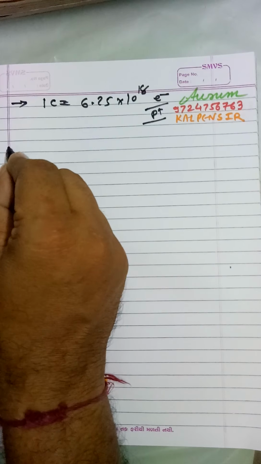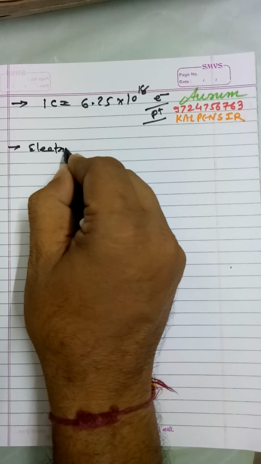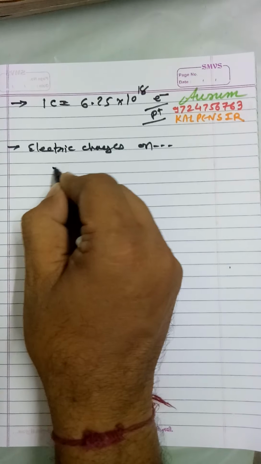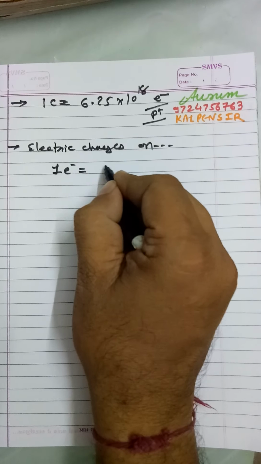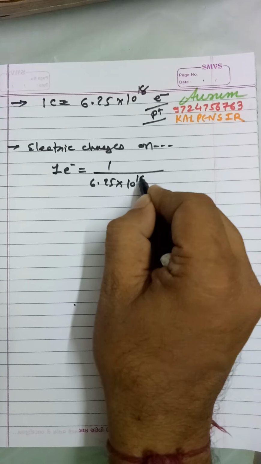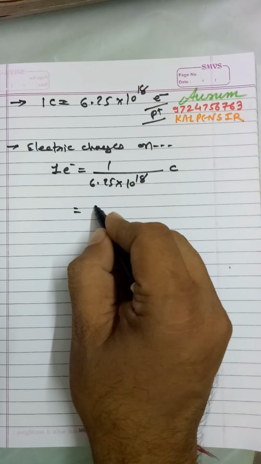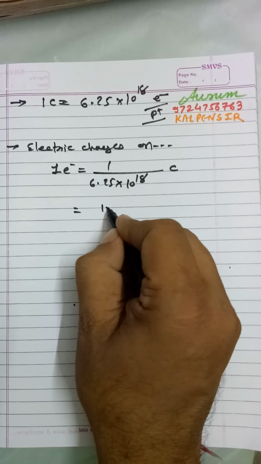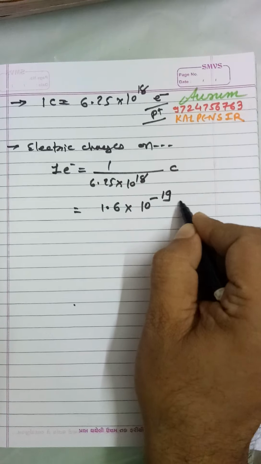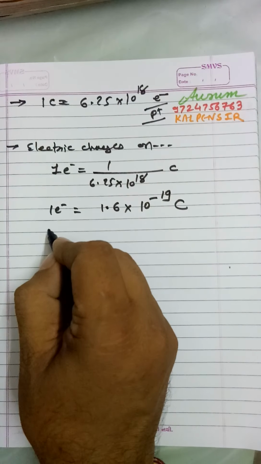So the charge on one electron is equal to 1 upon 6.25 into 10 raised to 18 coulomb. By simplification you can obtain 1.6 into 10 raised to minus 19 coulomb. That is the charge on one electron.